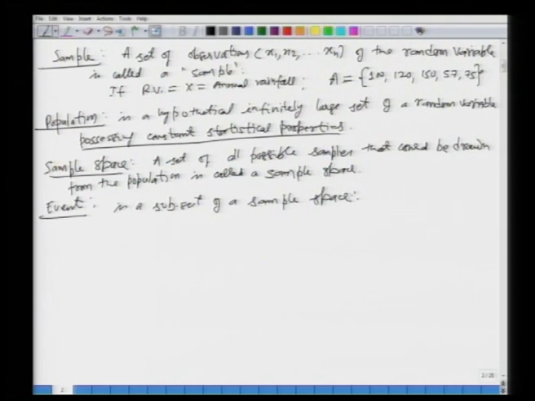An event is a subset of a sample space. This event is something which we can define whenever we are dealing with the hydrological variables or data. An event is something which we can define depending upon our need or the practical use. This is very important to understand.